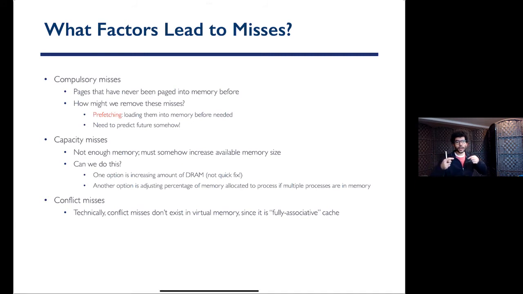So there is no single set that different memory accesses would have competition for, which happens in a direct-mapped cache, where all the different addresses are mapped to the single block, so they're going to be competing for that block. But here, every page could go anywhere. So there is no competition. So conflict misses are not something that we need to care about, because we have a fully associative cache.